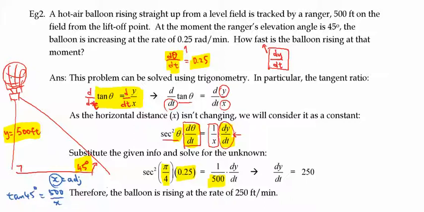And by solving for x, you will actually end up with 500 for the adjacent side. So as you plug in 500, you can then solve for dy/dt, which is the increasing rate, the change of the balloon's height with respect to time.